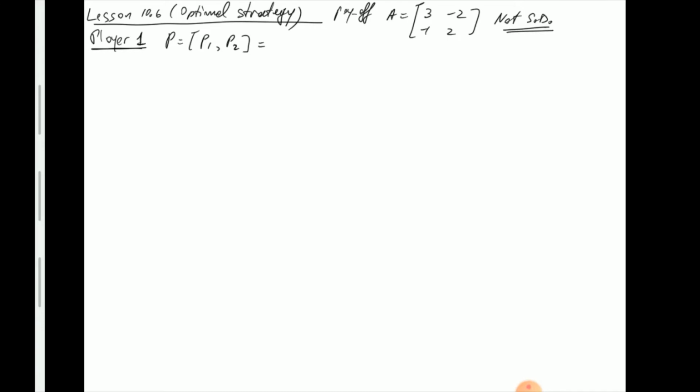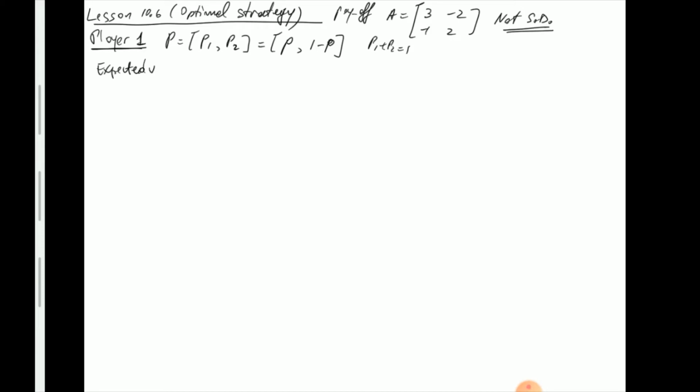So for the purpose of this lesson, let's call the first entry P and the other one 1 minus P. Because they always add up to 1, it's going to be easier to make the point about what goes on if you want to choose the optimal strategy. You just have fewer variables. So P1 plus P2 equals 1, so you might as well call one of them P and the other one 1 minus P. All right, so player one deals with two possible expected values.